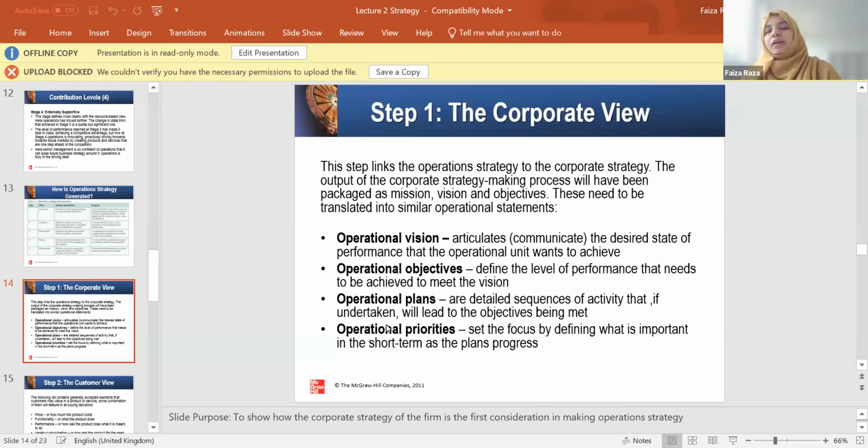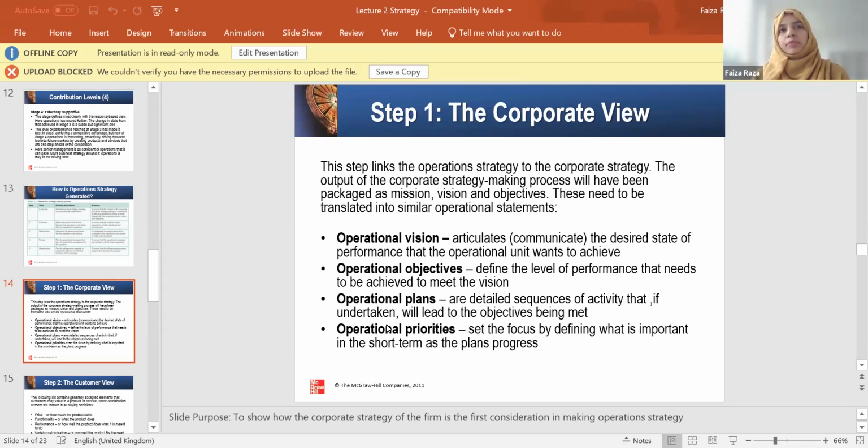For example, if you talk about Geely, their vision statement is that engineers are world problem solvers. To achieve that, they create automobiles that focus on engineers.